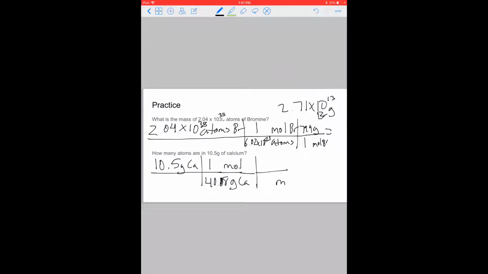So we have to go from moles of Ca back to atoms. And for every 1 mole is 6.02 times 10 to the 23rd atoms. We plug all this in our calculator, and we get 1.58 times 10 to the 23rd atoms.